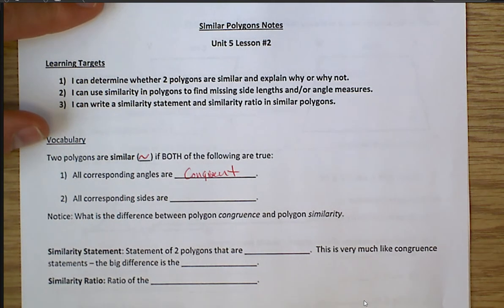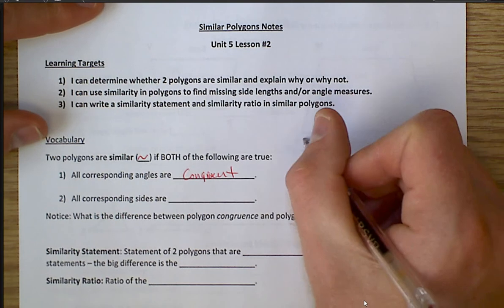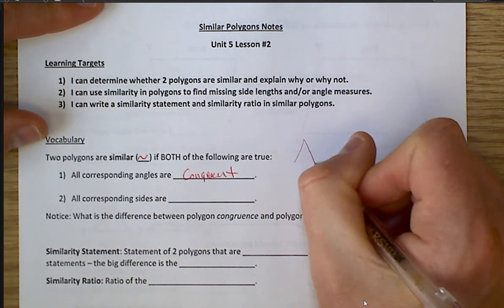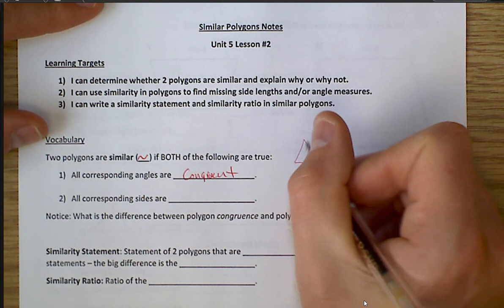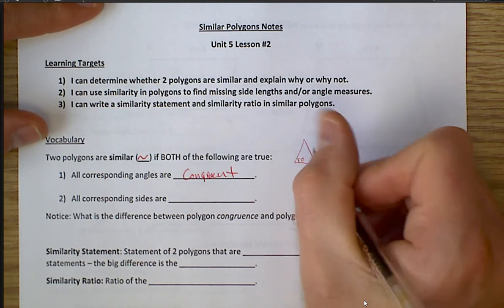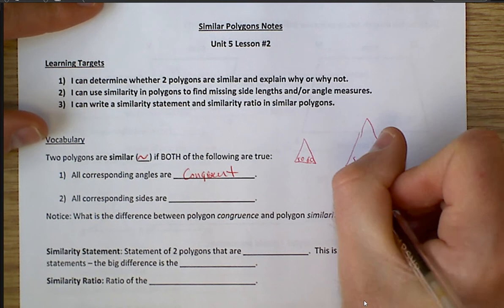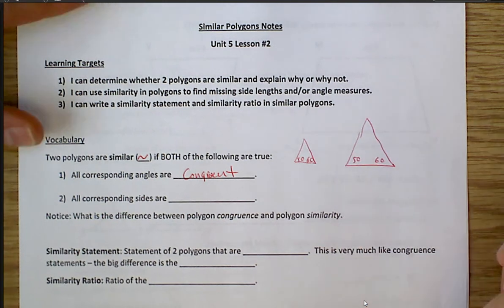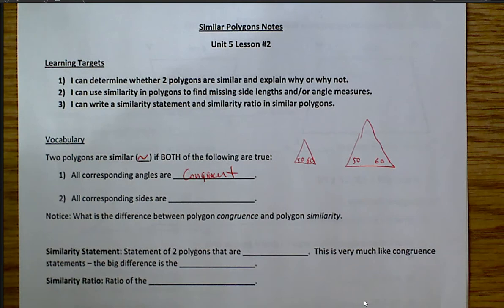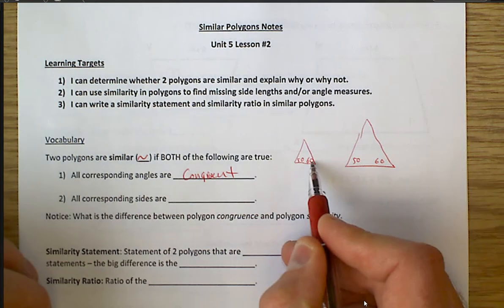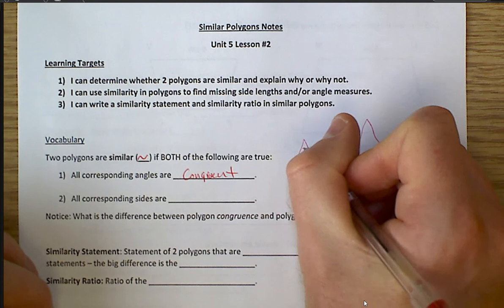What does that look like? Let me just give you a quick example here. If this was 50 and this was 60, and this is a bigger triangle, and this is 50 and this is 60. Sorry, my phone's going off there. So 50 and 60 make 110. So that would have to be 70 to make 180.